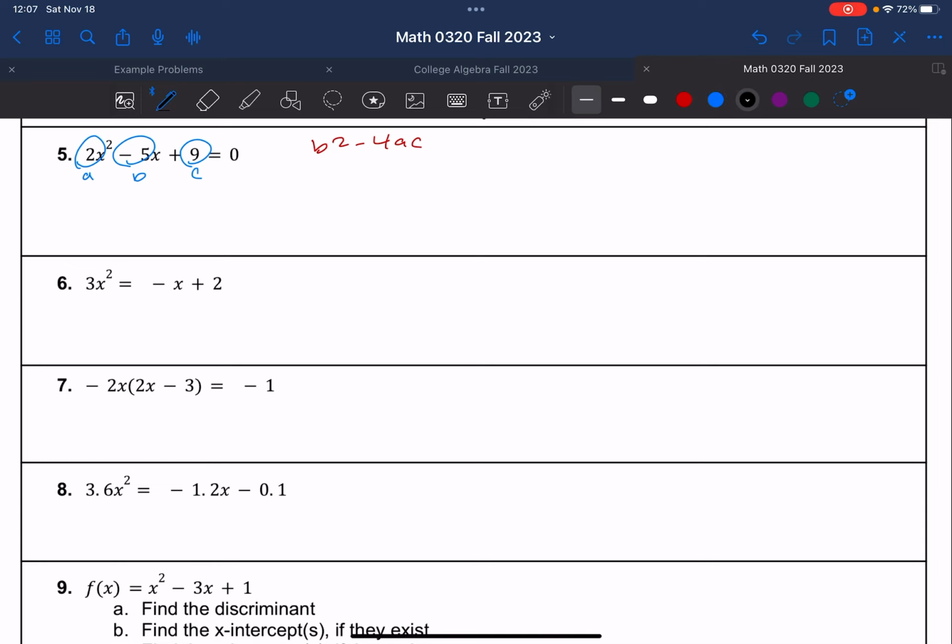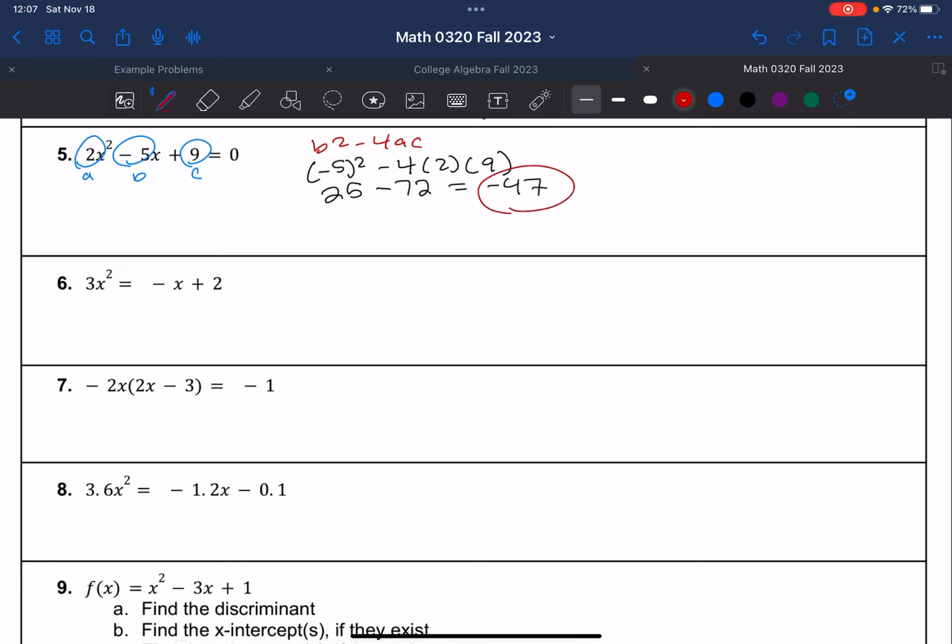So plugging that in, b squared, that's negative 5 squared, minus 4 times a, which is 2, times c, which is 9. So we have 25, and then negative 4 times 2 times 9 is negative 72, which gives us a negative 47.